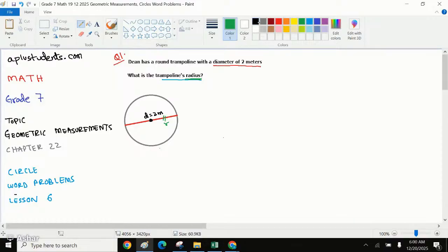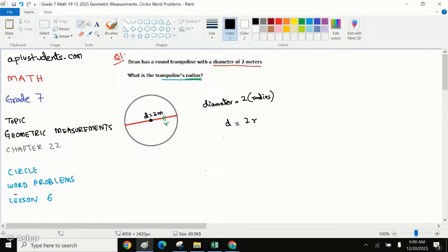We know that diameter is twice the radius. It's double in length.